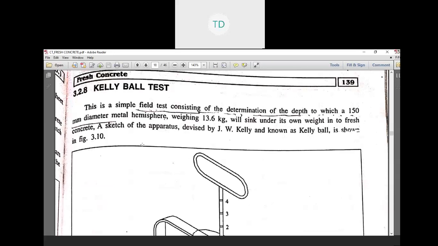This is a simple field test consisting of determination of the depth to which a 150 mm diameter metal hemisphere weighing 13.6 kg will sink under its own weight into fresh concrete. A sketch of the apparatus devised by J. W. Kelly and known as the Kelly ball is shown in that figure.